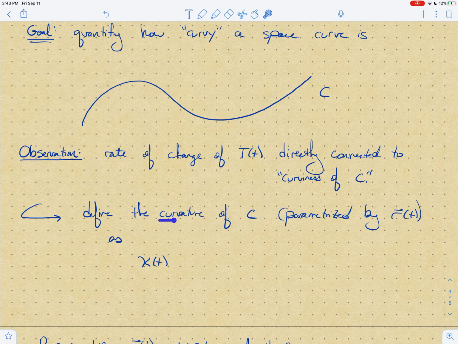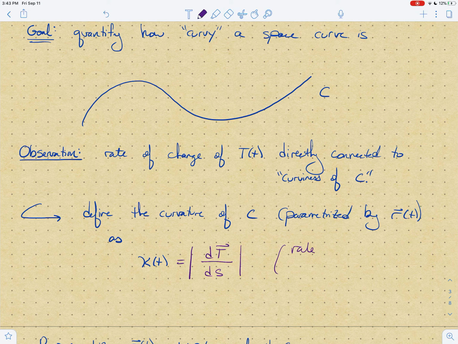We're going to define the curvature of a space curve C parameterized by r of t as kappa of t equals, and I'm going to write something down that's going to seem a little strange, but we're going to unpack this and get to some concrete things we can use. So we're going to think of it as the rate of change of the unit tangent vector with respect to arc length. Okay, so let's say that in words.